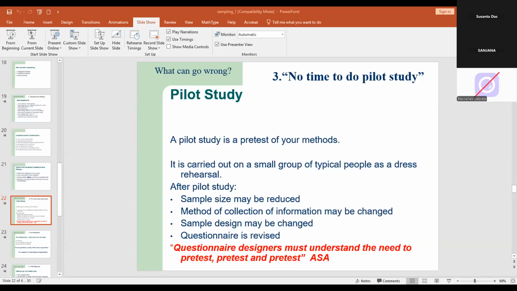I will share from my side. Sir, did you receive the email? Yes, I got it. I will share.